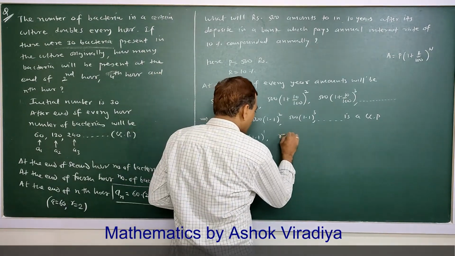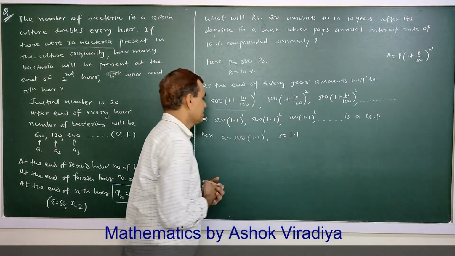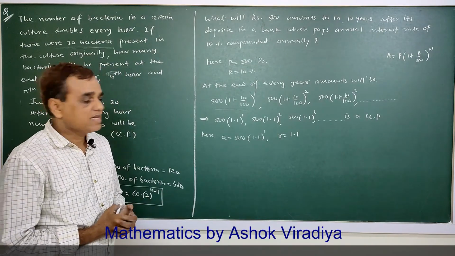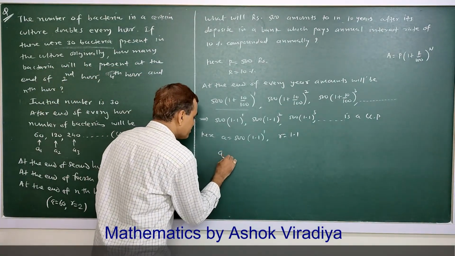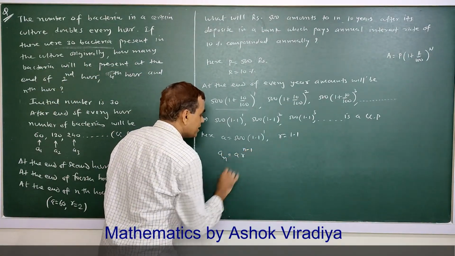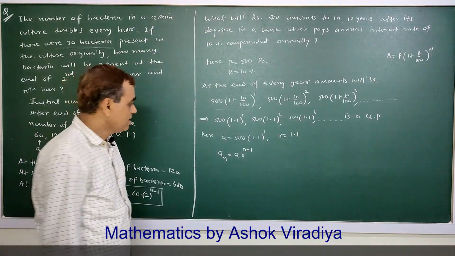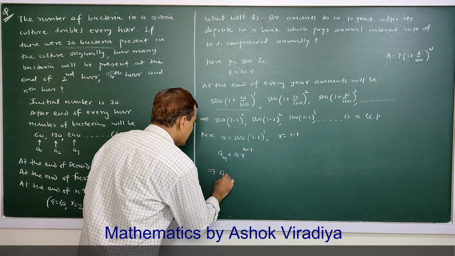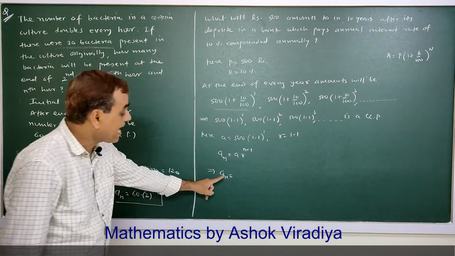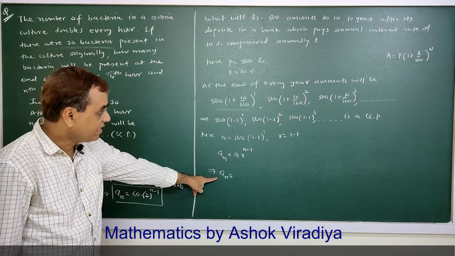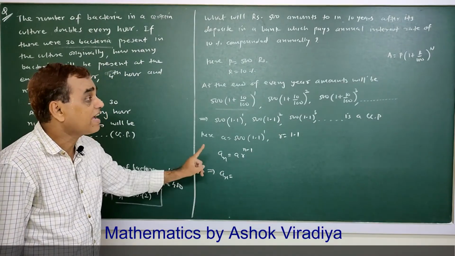Common ratio is 1.1. Nth term is A into R raised to n minus 1. So the nth term represents the amount at the end of n years.